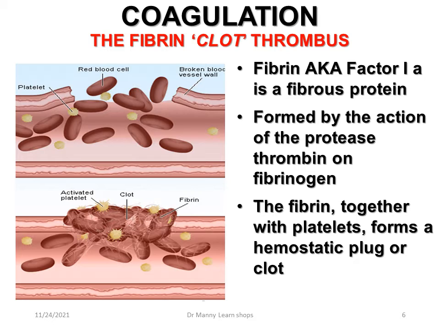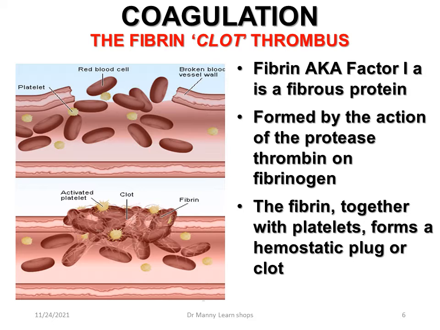Now, with coagulation, it's the fibrin clot that's really important. And fibrin is also known as factor 1. And this is a protein. And it's formed by the action of the protease, thrombin, on fibrinogen.